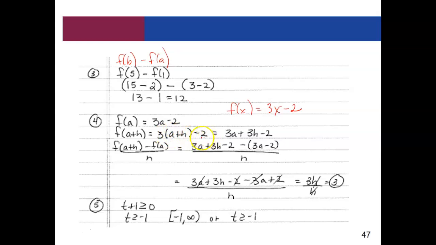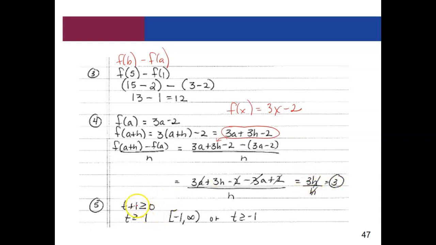Simplify that. And then if you're asked to find f of a plus h minus f of a over h, this one you just found here. So just take this and put that down here, and then minus your f of a, which is up here. You'll get some cancellation, and then you'll be left with 3h over h. Your h's cancel, and you're left with 3 for your answer.